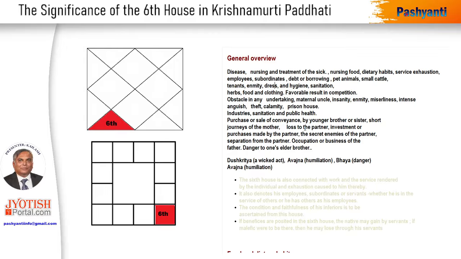Many of these things, I would say, are not meant for the natal horoscope. For example, pets. Now Krishnamurti has given some combinations related to a pet's lifespan and all that, but I would not recommend applying those to a natal chart.